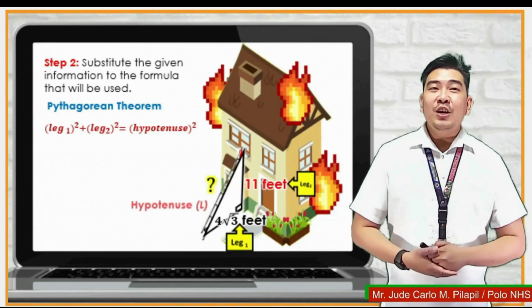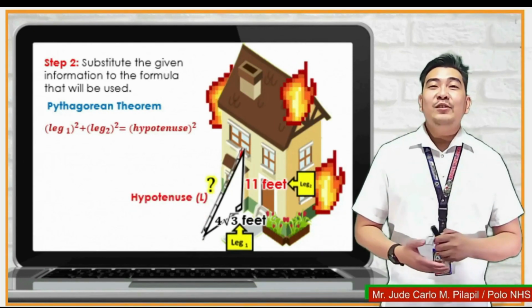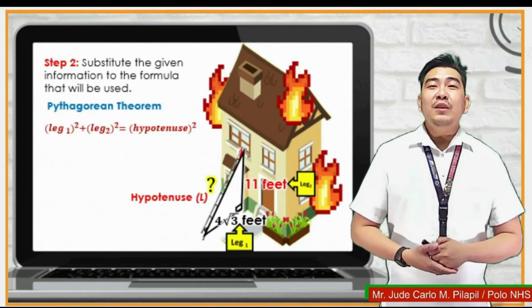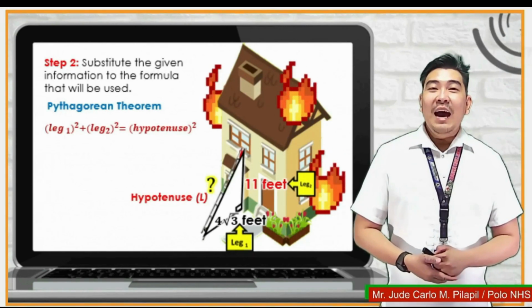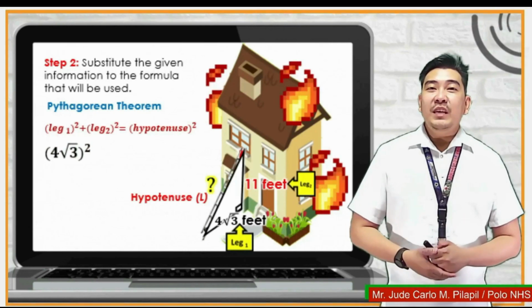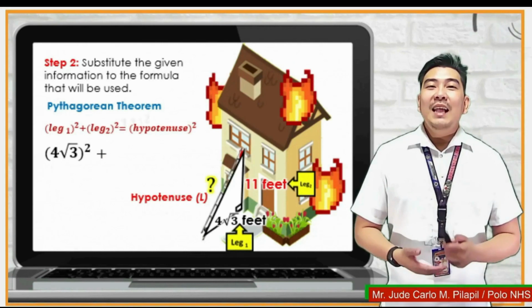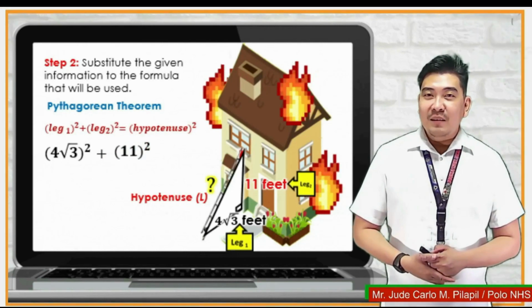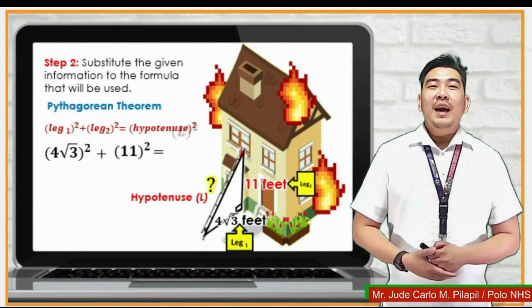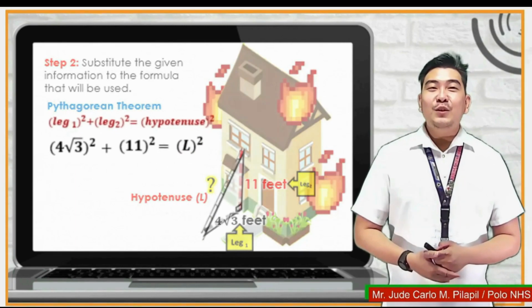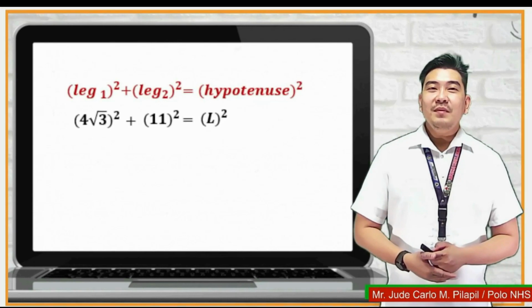The length of the ladder is the hypotenuse, and let us represent it as L. Substituting the values to the formula, we have 4 square root of 3 squared for the first leg, plus 11 squared for the second leg, is equal to L squared. Let us continue solving and proceed to step number 3.